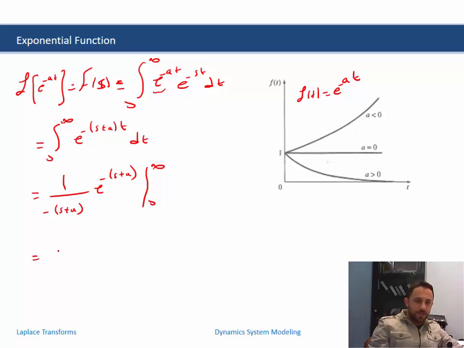Again, e to the power minus infinity: this is s plus a, e to the power minus infinity, where this is time t. Sorry. So e to the power minus infinity, this is a constant, so this turns out to be 0, minus the time equal to 0, and therefore this turns out to be 0 minus 0.